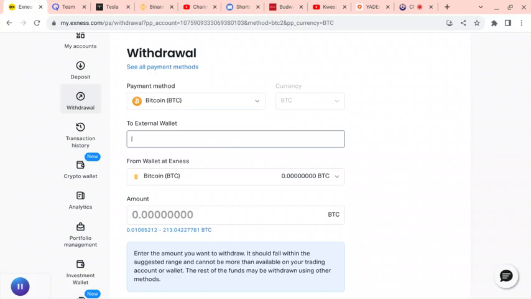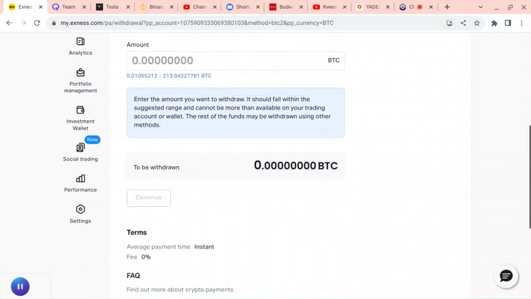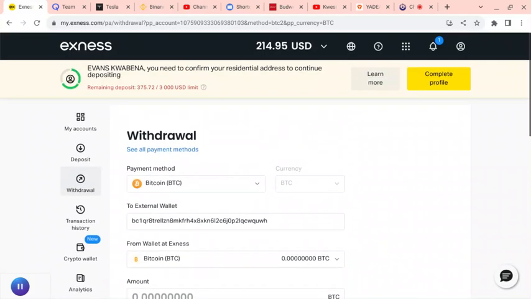Then you copy it and paste it over here like this. Then you enter the amount you want to send, then you click continue, like how you transfer USDT to different wallets or a different person. That's how it is. So I hope I've answered your question.